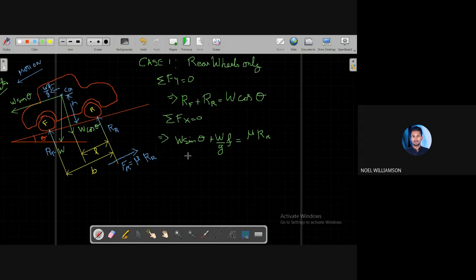So from here we can say RR equal to W by mu into sin theta plus W by mu into F by G. We can write RR like this.